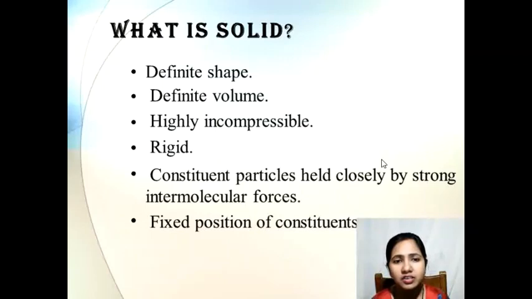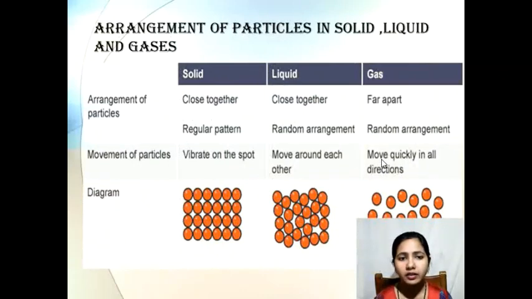Okay, so this is the general definition of solid or its properties. Now here is the arrangement of the particles in solid, liquid and gases. You all know that the constituent particles in solid are very close to each other. In case of liquid, they are a bit far from each other, whereas in gas, they are very far from each other.